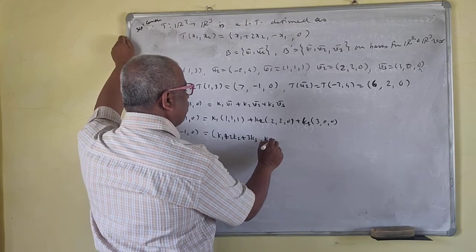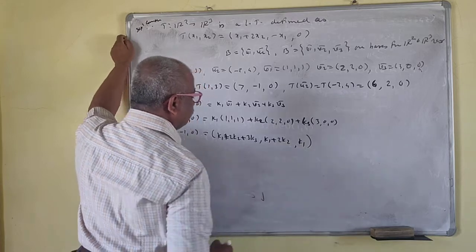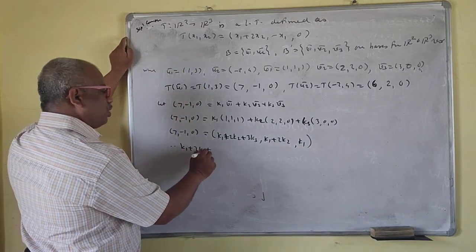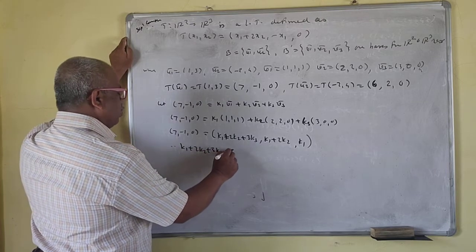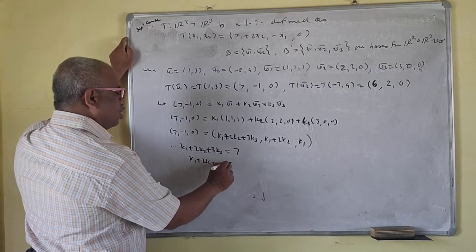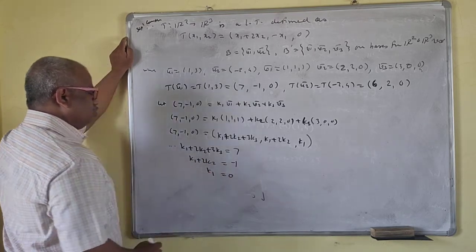So K1 plus twice K2 plus 3 K3 is equal to 7. K1 plus twice K2 is equal to -1 and K1 is equal to 0.